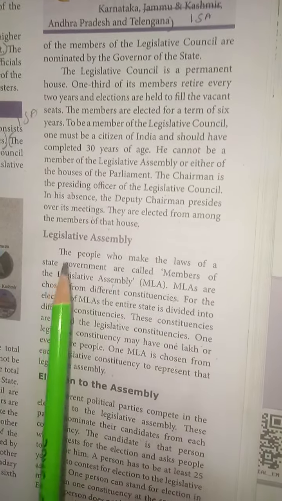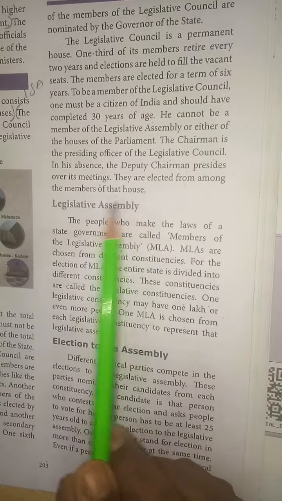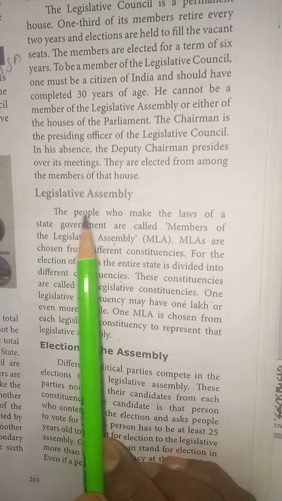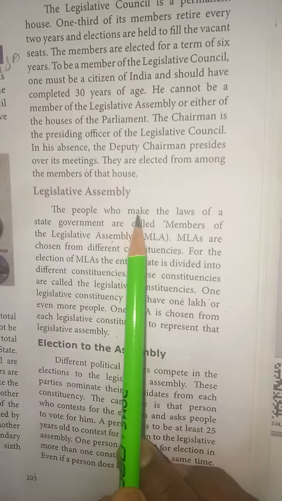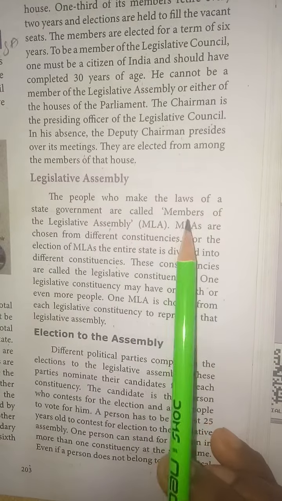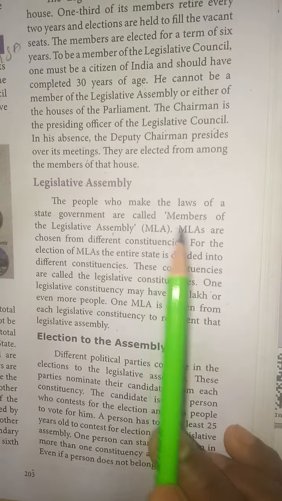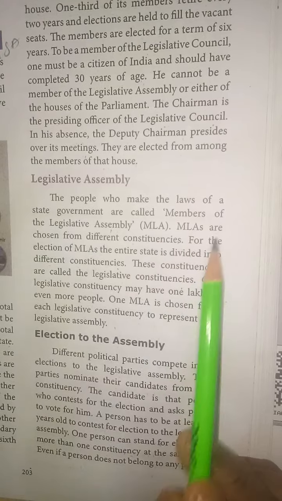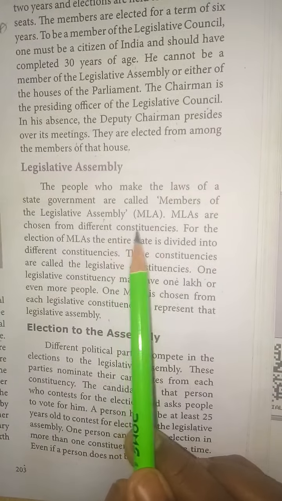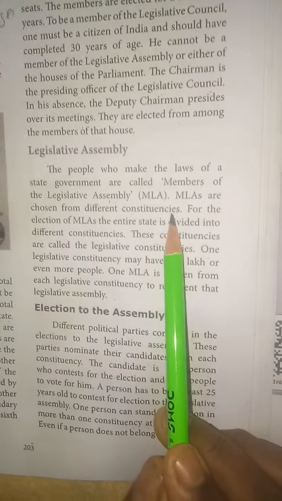The second one is the legislative assembly. In Tamil Nadu, we have the legislative assembly, the Satta Peravai. The people who make the laws of a state government are called members of the legislative assembly, MLAs. MLAs are chosen from different constituencies, Thogudigal.